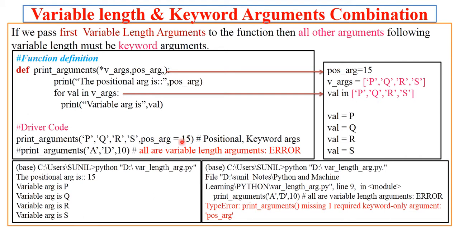What is a keyword argument? You already studied: it is an argument passed to the function in the form of a name-value pair. So we have the name of the argument, pass_arg. Remember this name should be exactly the same as you specified in the function definition.